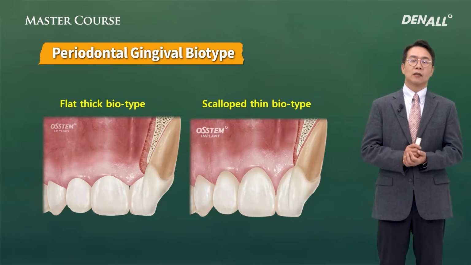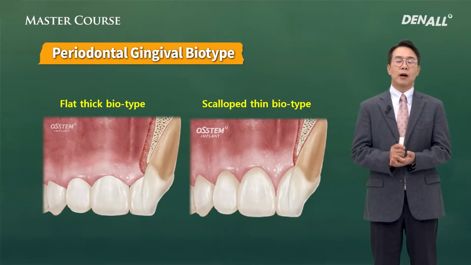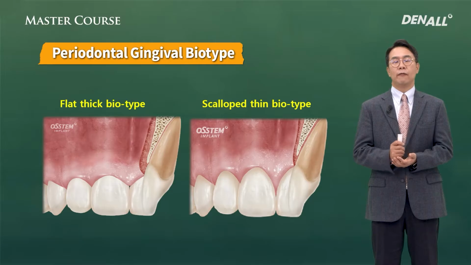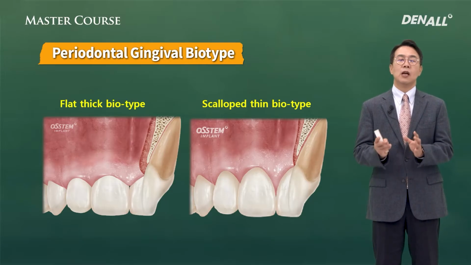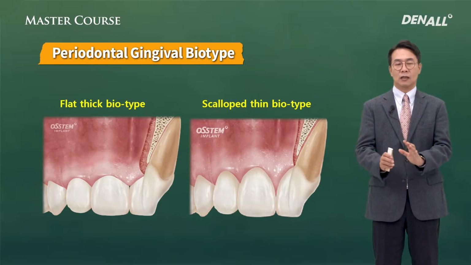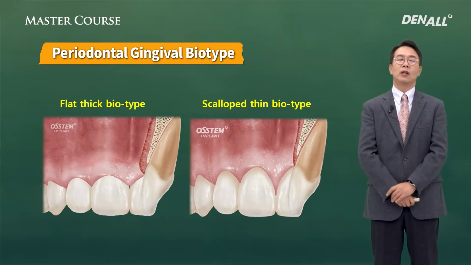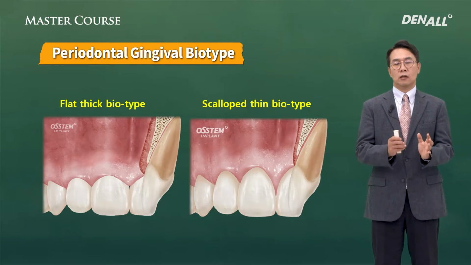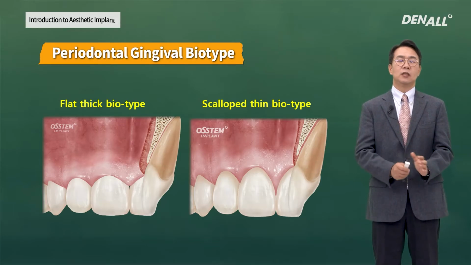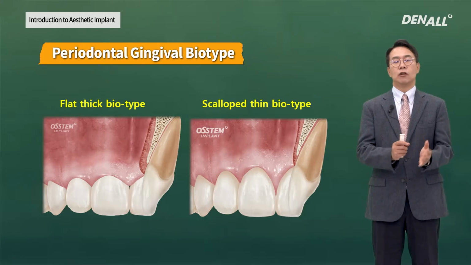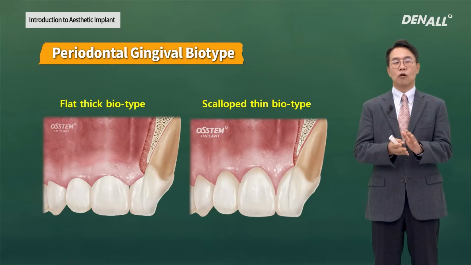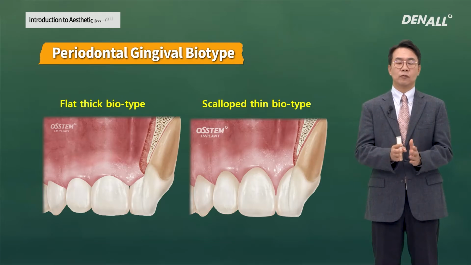It used to be periodontal gingival biotype. Now it is called phenotype, but they refer to the shape. It's different words, but they are the same. If I use the old term gingival biotype, there are two types. Flat, thick, it means gingiva is thick but the contour is thin.